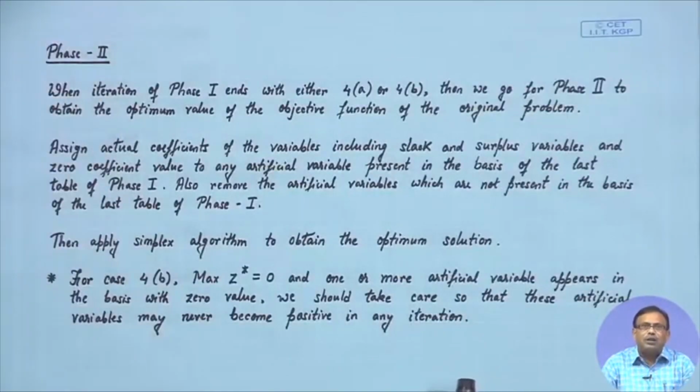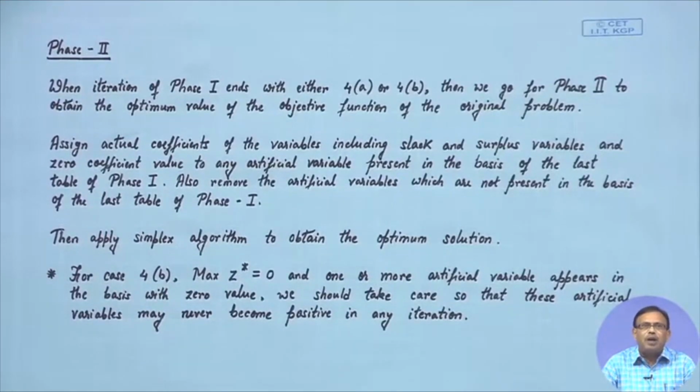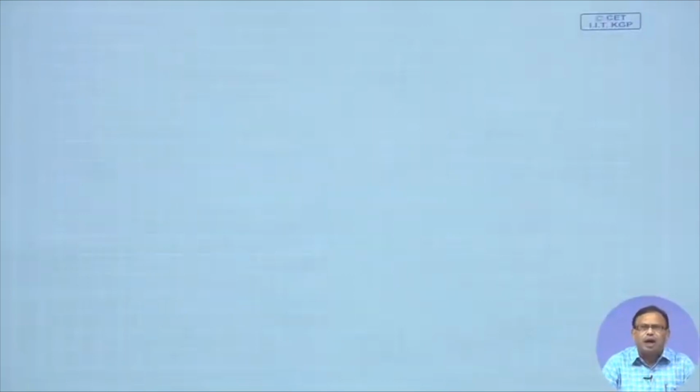In that case, we should take care so that these artificial variables may never become positive in any iteration, or in other words, their values should remain 0 always. They should not take any positive value, that we should take care. So, this is the basic idea of the two phase method.